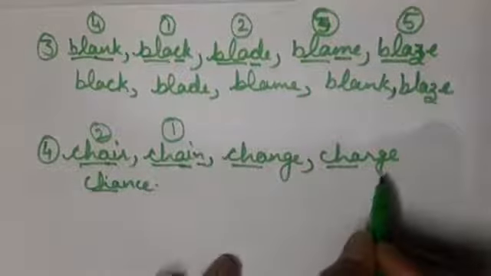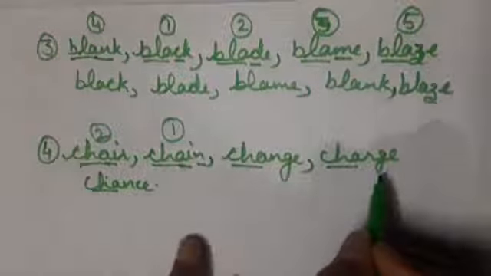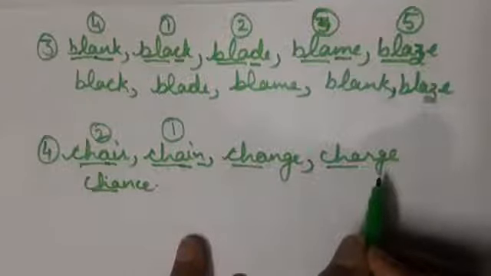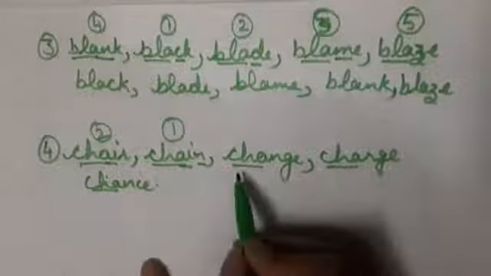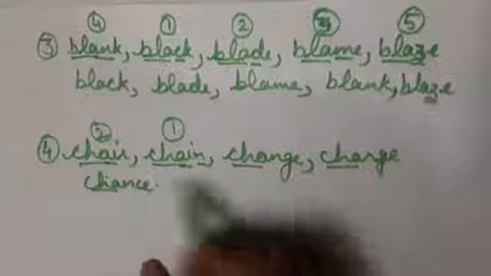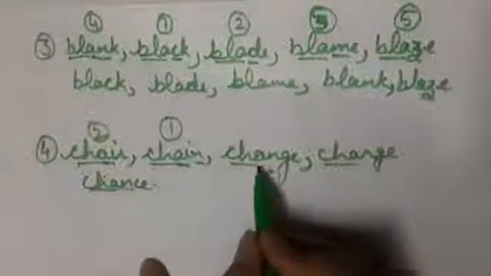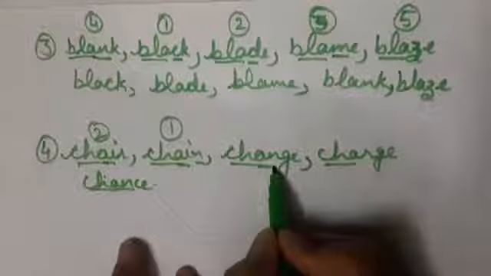Now over here we can see G, H, I, J, K, L, N. In these words we can see N is the same, so we will check the fifth letter. So which will come?